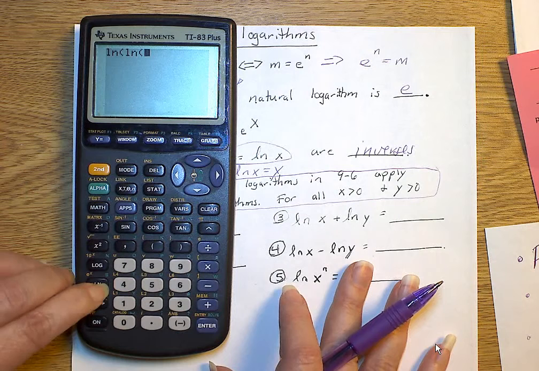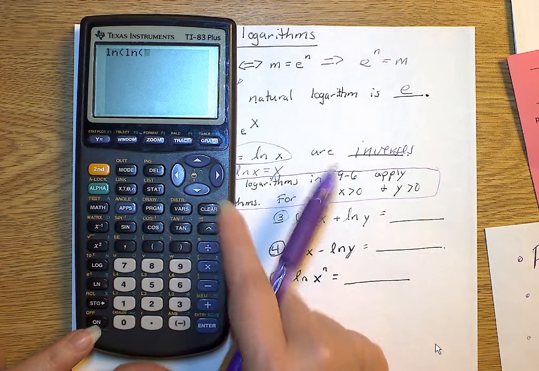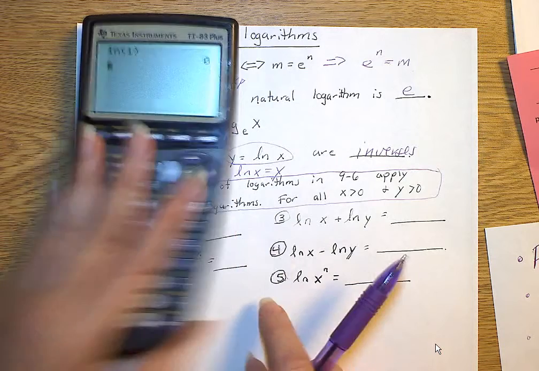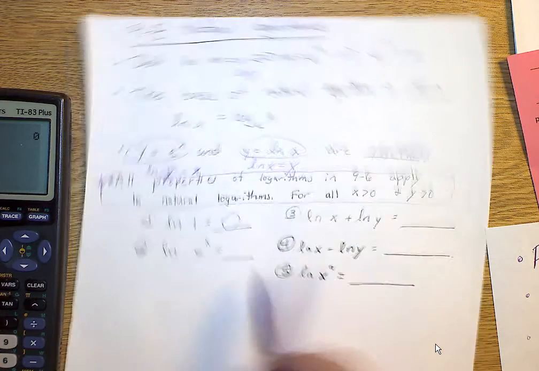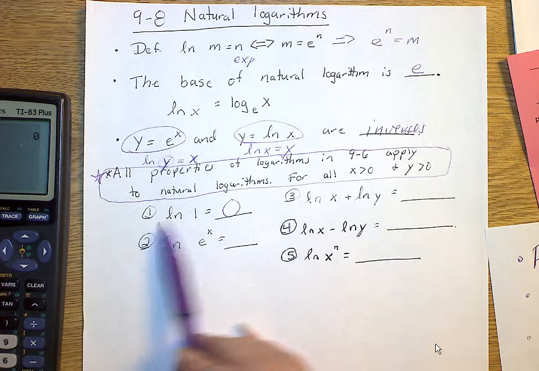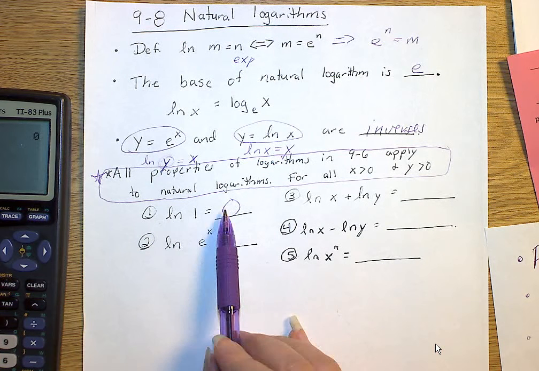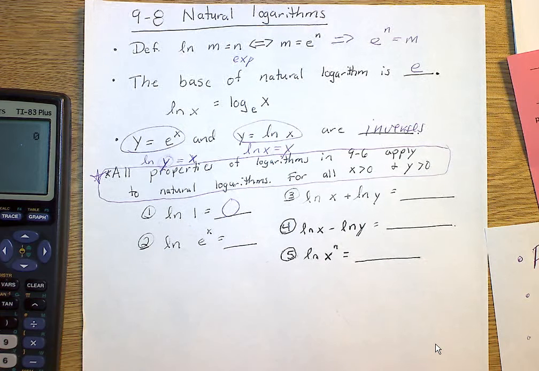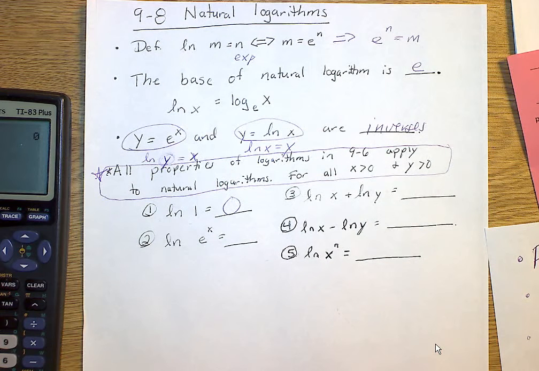So ln of 1 is 0. Hopefully that makes sense because logs are exponents, so e to the 0 equals 1. Anything to the 0 is 1. That's why it has to equal 0.